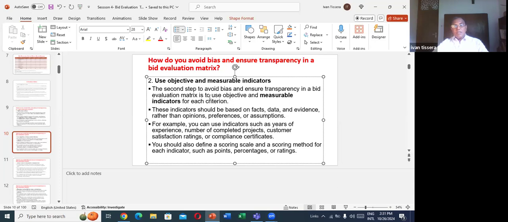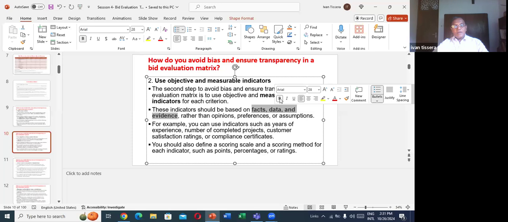These indicators should be based on facts, data, and evidence. So all indicators should be based on facts and evidence, rather than opinion, preferences, or assumptions. You have to avoid assumptions and preferences. All should be factually based on data.